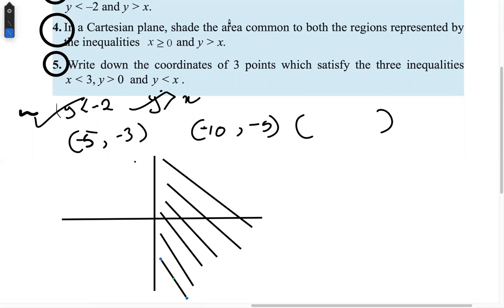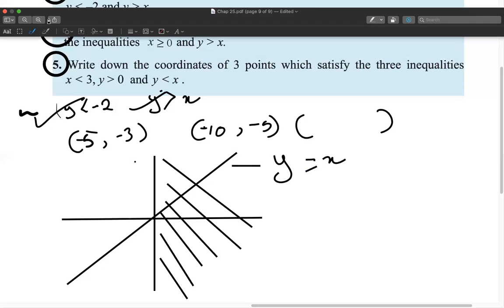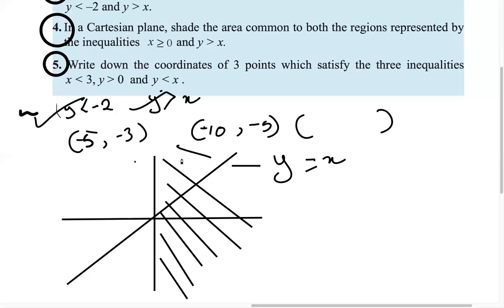And y is greater than x, so you should have a dotted line across here. So this is the line y equals x. So this region should be colored.